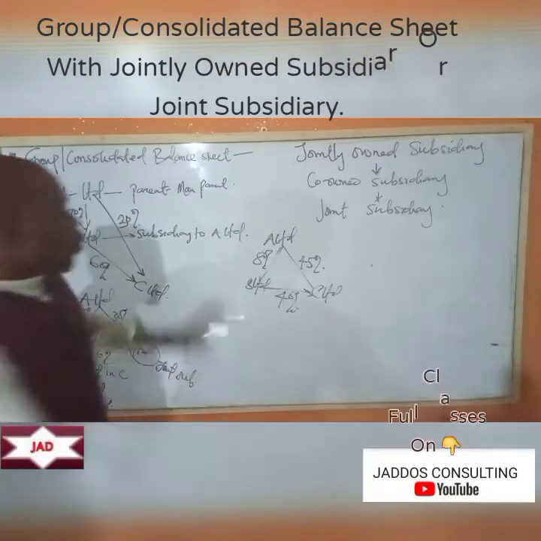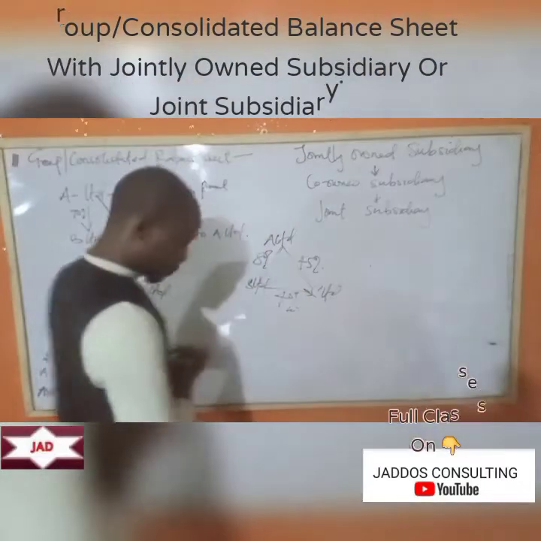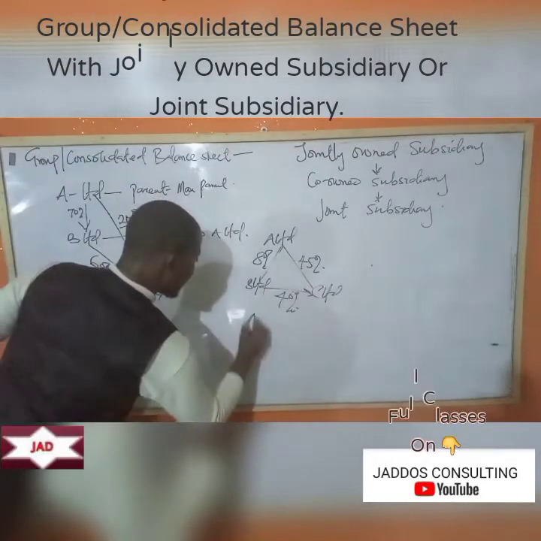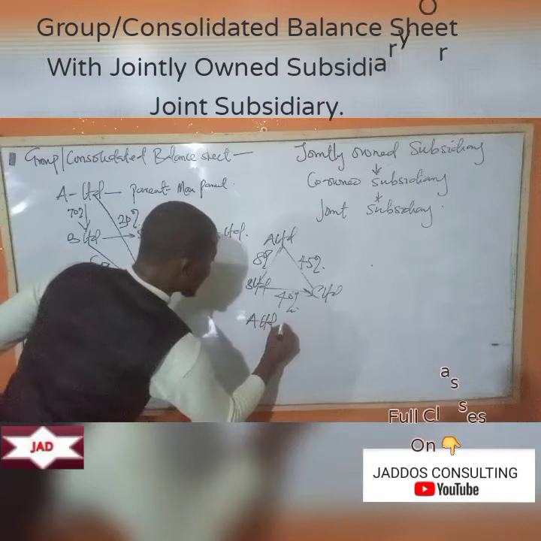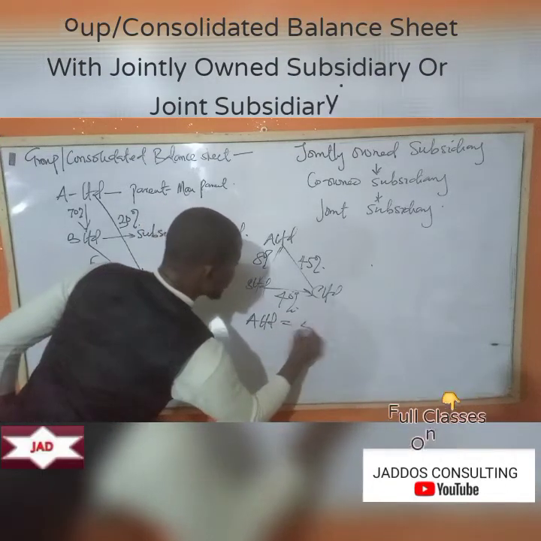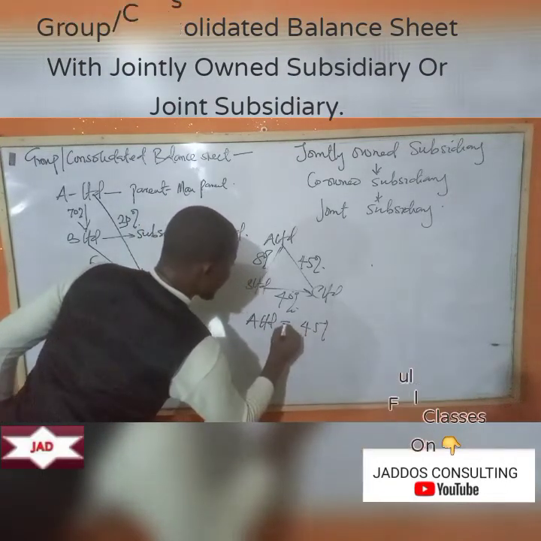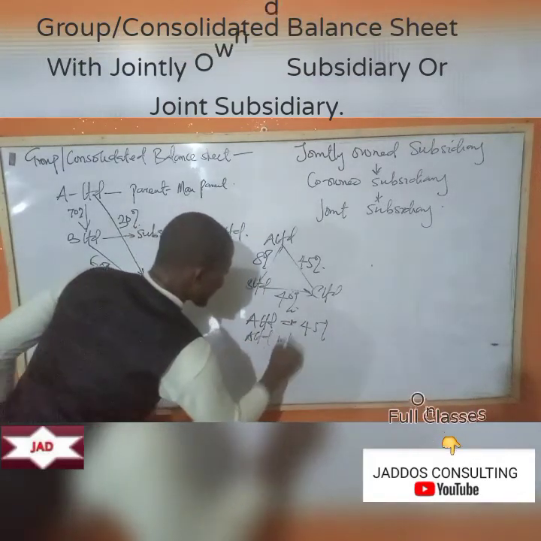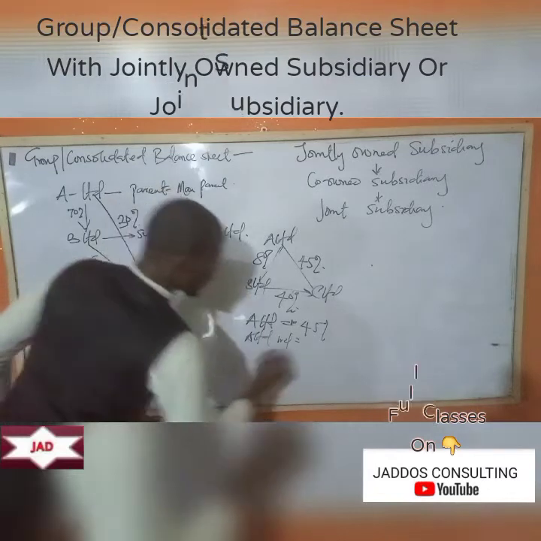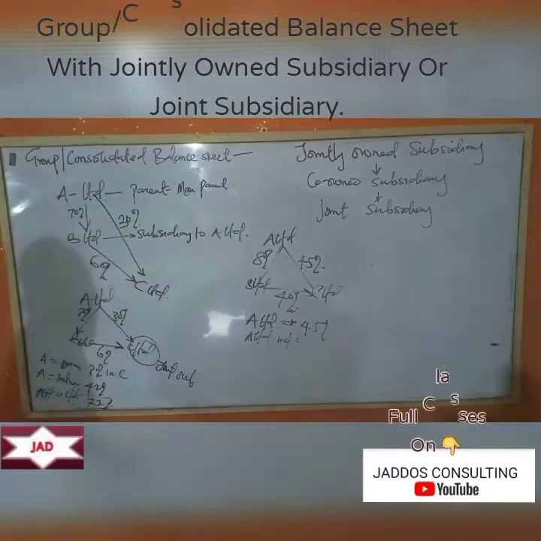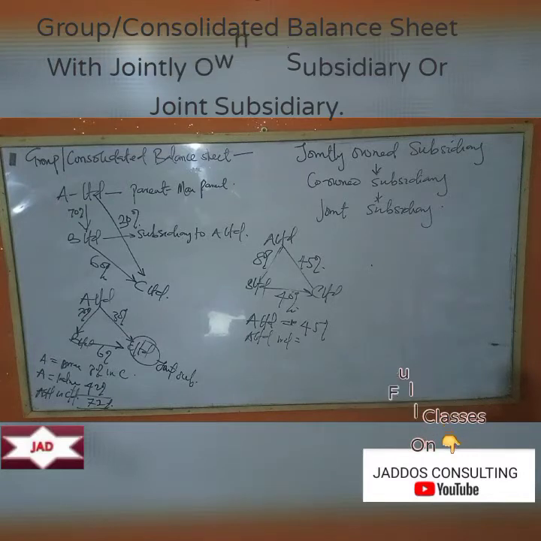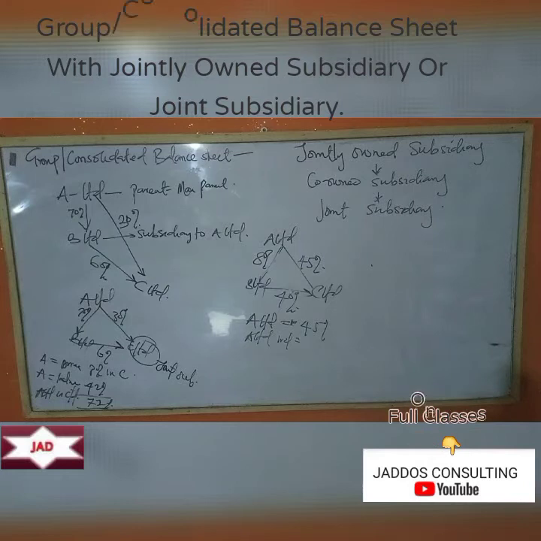But then, when we combine the structure, you can say A Limited directly has 45%. That's directly. Now, A Limited indirectly has 80% of 40. That is 0.8 times 40, that's 32%.